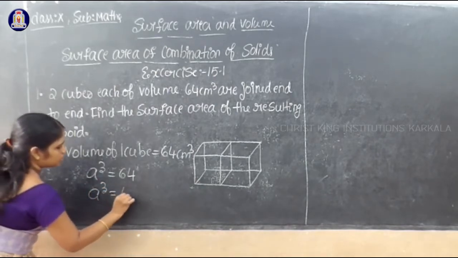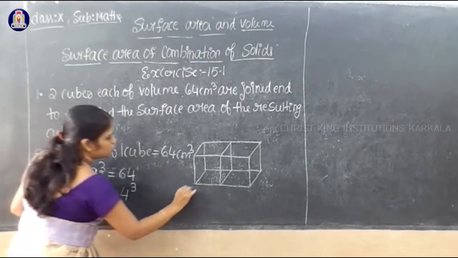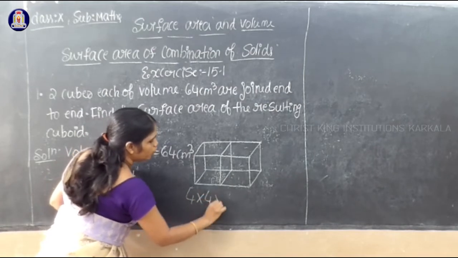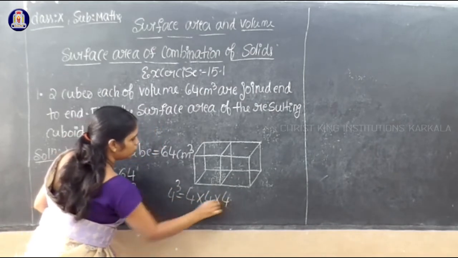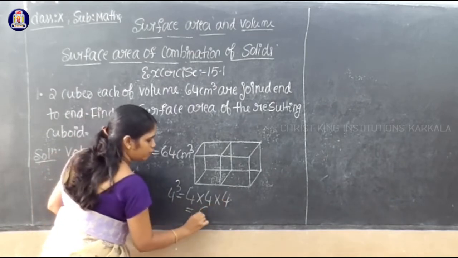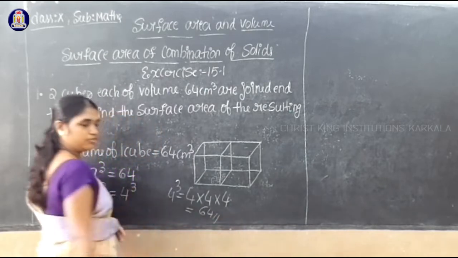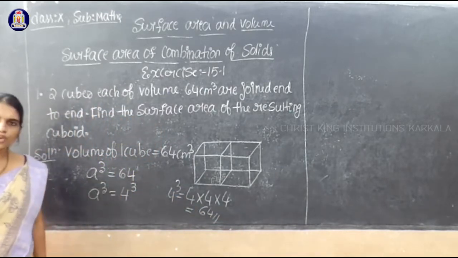Shall I write this 64 as 4 cube? Once you calculate 4 into 4 into 4, 4 cube is nothing but 4 into 4 into 4. How much? 4 fours are 16, 16 fours are 64, isn't it? So therefore, in the place of 64, I can write 4 cube.